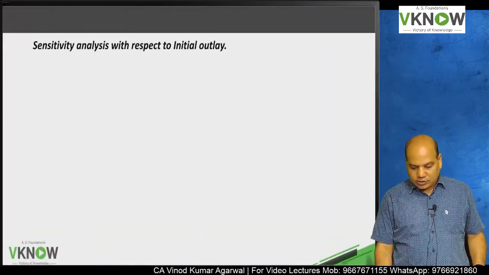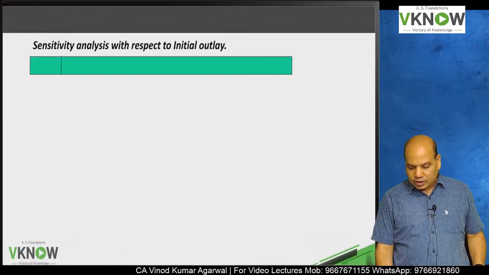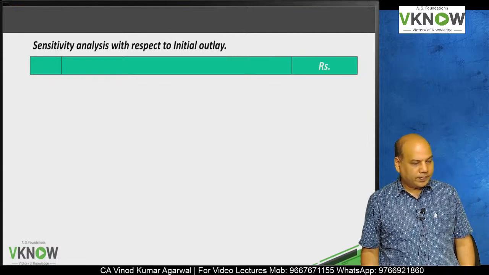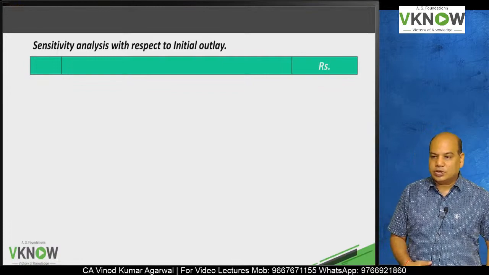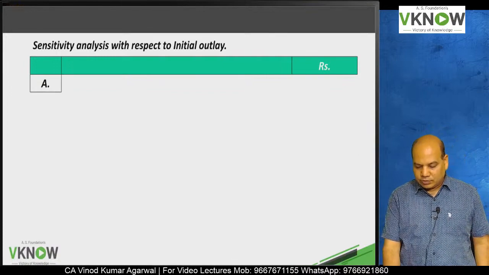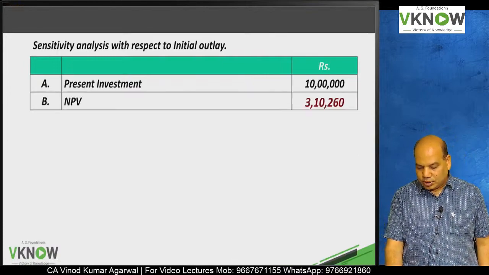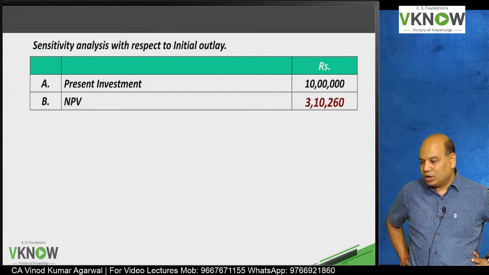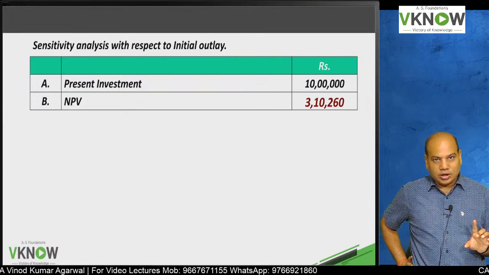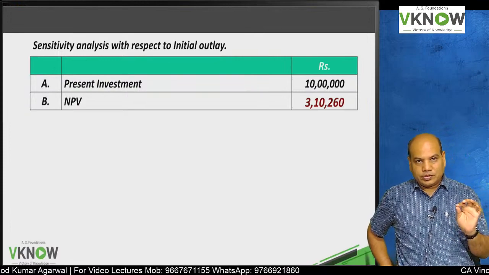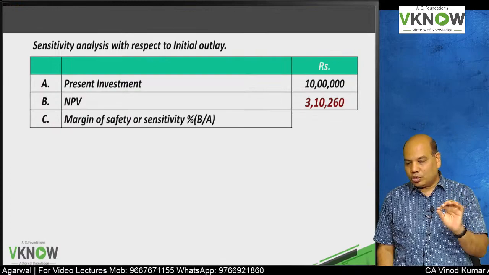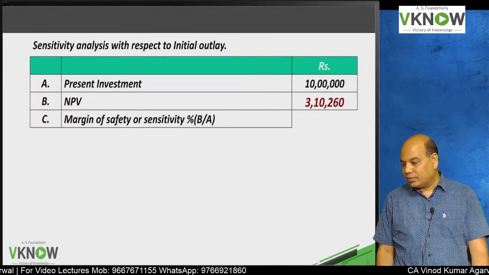Okay, now the next is sensitivity analysis with respect to initial outlay. Here I am going to simply divide NPV by initial investment. If you want to draw the table, you can, otherwise you just write down sensitivity percentage equal to NPV upon initial investment.